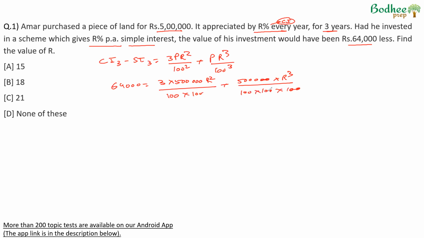Double zero cancelled. Double zero cancelled. This becomes 1 by 2. Double zero cancelled. Double zero cancelled. So we get 64,000 is equal to 150 R squared plus R cube by 2. Multiplying the entire thing by 2, 128,000 becomes 300 R squared plus R cube.